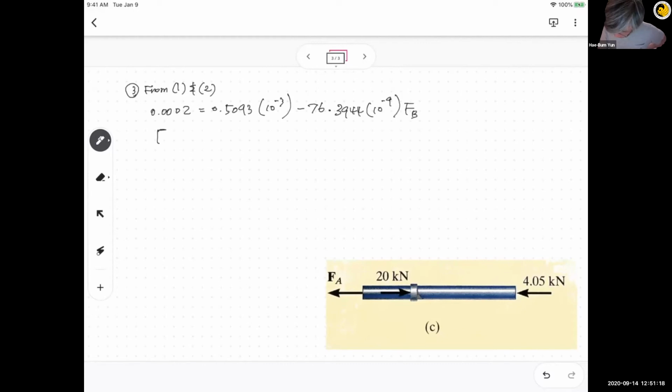So then FB, now we have only one variable, so we can solve it. Kilonewton.